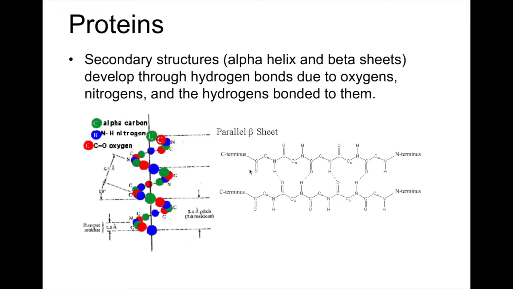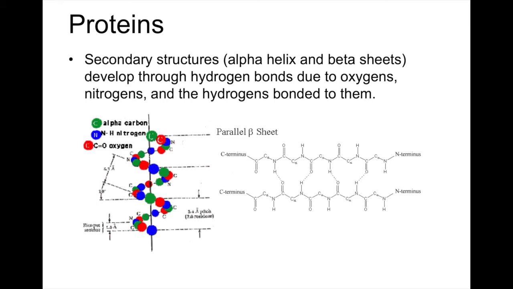If you remember, this is what the main core of an amino acid looks like. It has the amine on one side, it has the acid on the other side, and this hydrogen can actually interact with these oxygens, because oxygens are very electronegative, and this can actually make one of two secondary structures.